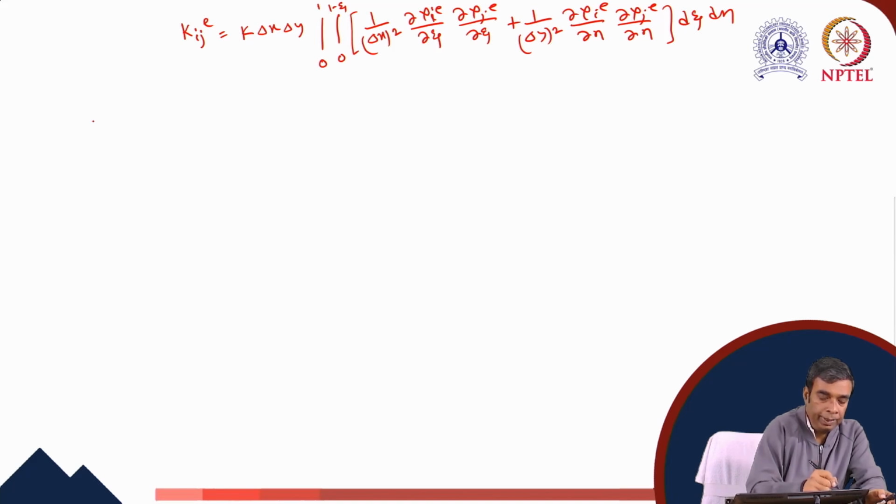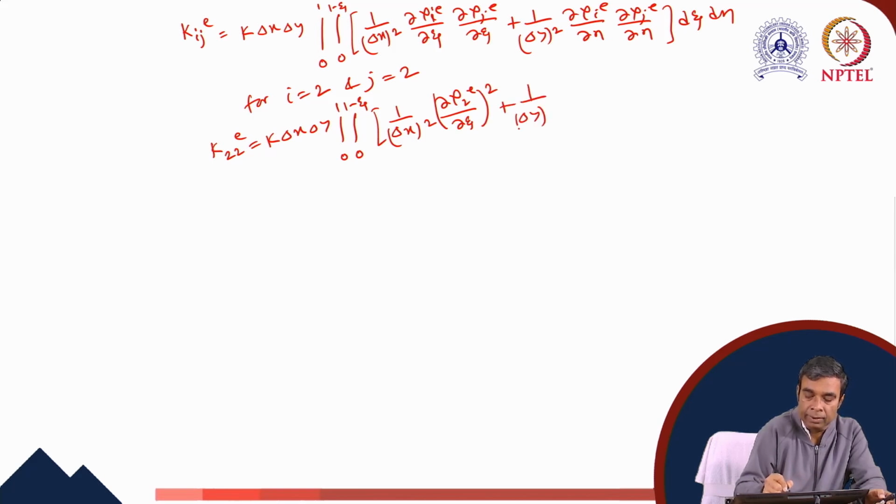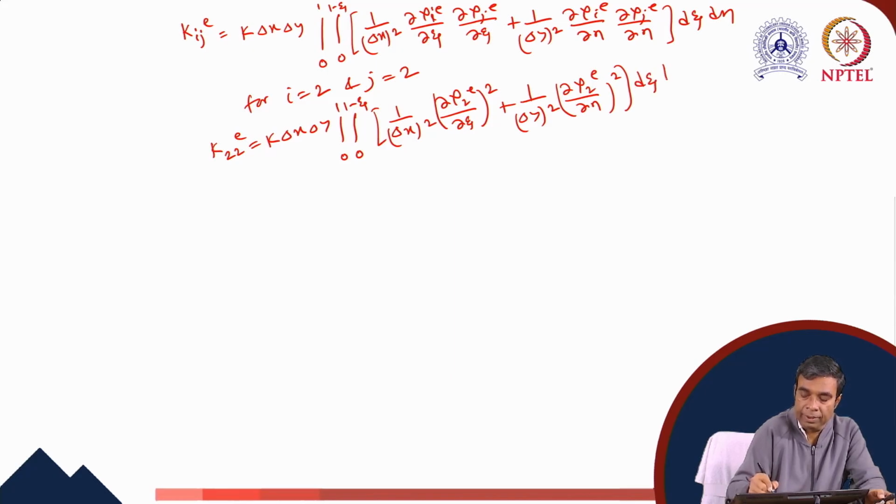Now putting i equals 2 and j equals 2, we have K22e equals k Δx Δy integral from 0 to 1, integral from 0 to 1−ξ, of [1/(Δx)² (∂ψ2e/∂ξ)² + 1/(Δy)² (∂ψ2e/∂η)²] dξ dη.